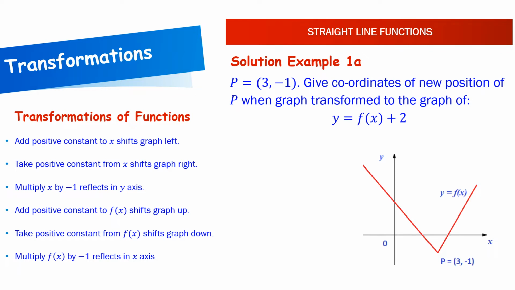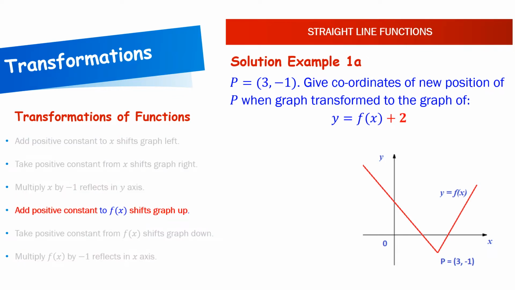So let's take a look at example 1a. The point P equals 3, -1. You are required to give the coordinates of the new position of P when the graph is transformed to the graph of y equals f of x plus 2. So what are we doing? We are actually adding a positive constant to f of x.